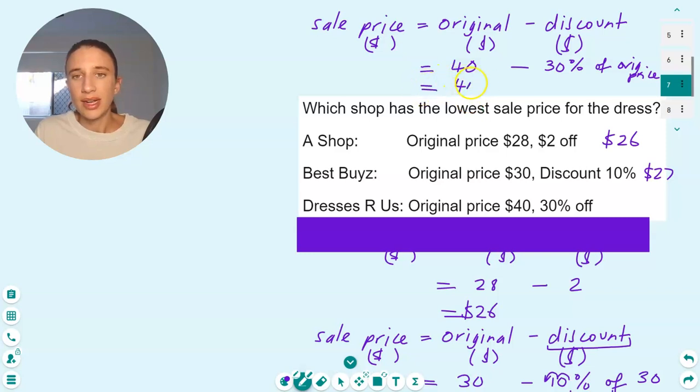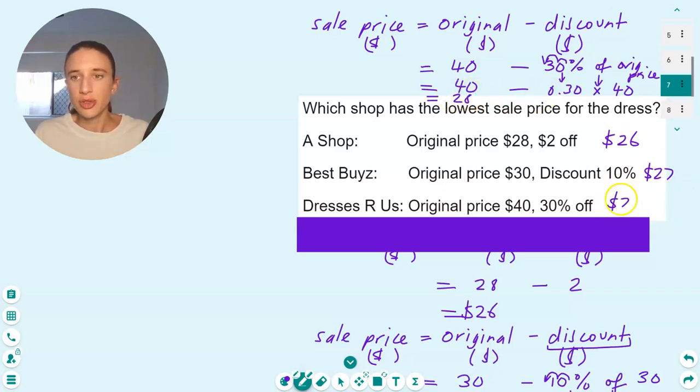And then I can't put that in my calculator, so I must convert it to a decimal by dividing by 100. And then of means times, and my original price here was 40. And I can just put that straight in my calculator. 40 take 0.3 times 40 is 28.